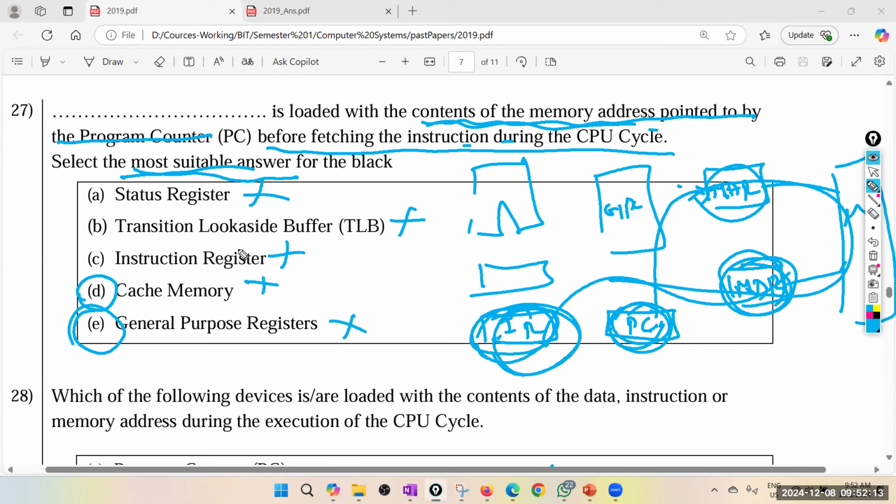That value can be here, that value can be here, and after the execution that value can be in the cache memory as well. But it says before fetching the instruction during the CPU cycle. That is the value loaded with the contents of the memory address pointed to by the program counter before.